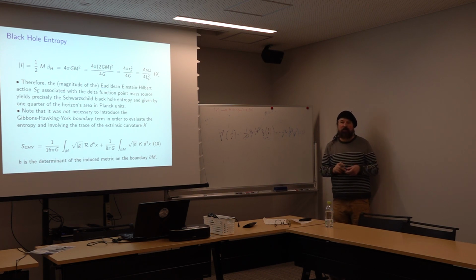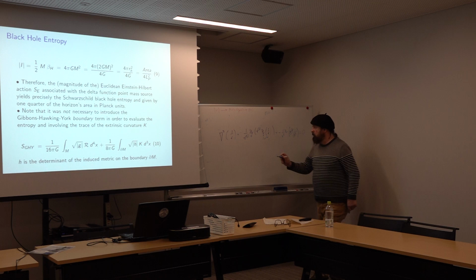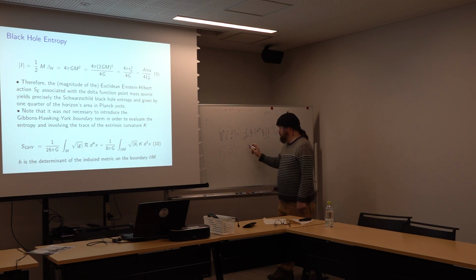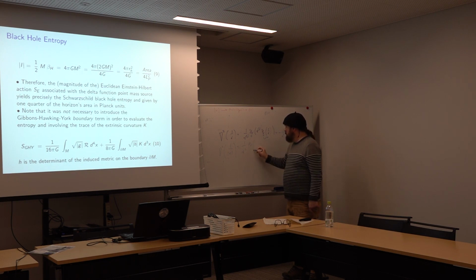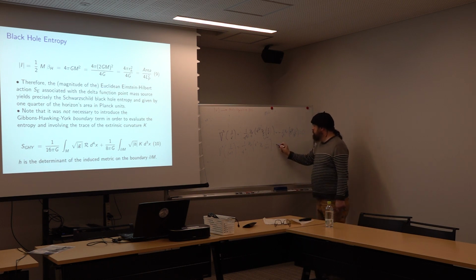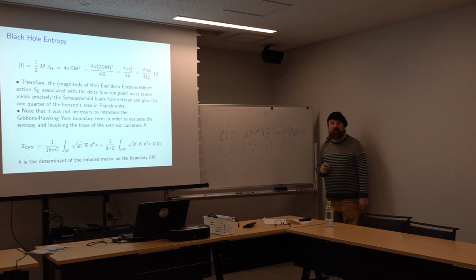But what happens when you take the derivative of 1 over the modulus? I'm going to write everything as before. When you do that, you're going to have minus 1 over r squared times the derivative, but don't forget the sign function.